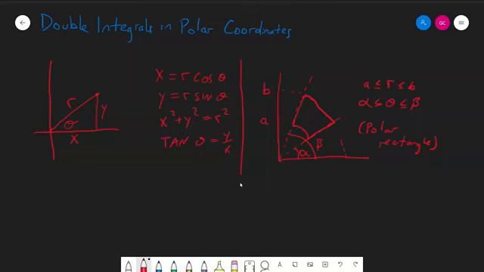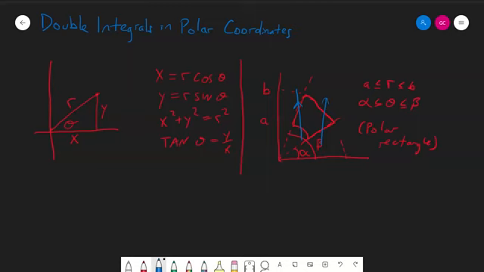Because imagine now that you wanted to integrate a function over this region using the ordinary rectangular coordinates. So typically what you would do is you would try to slice it either vertically or horizontally. But if I slice this thing vertically, then you'll notice that some rays will start off on this circle and end on this straight line here.